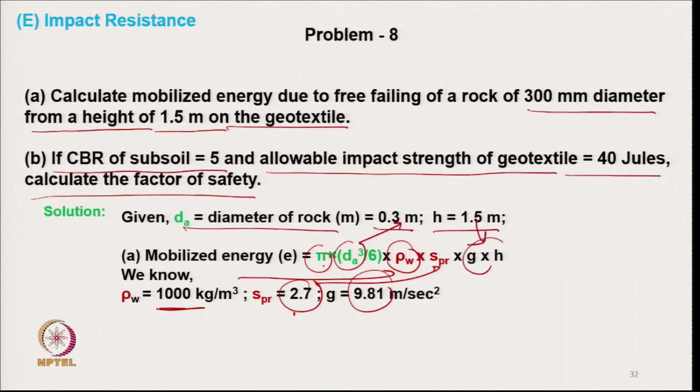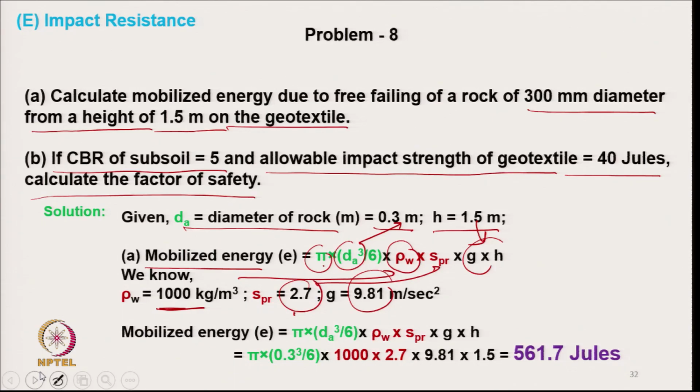From this data we can calculate the mobilized energy and it is coming out to be 561.7 joules. So, this is the mobilized energy, which is mainly due to gravitational force.